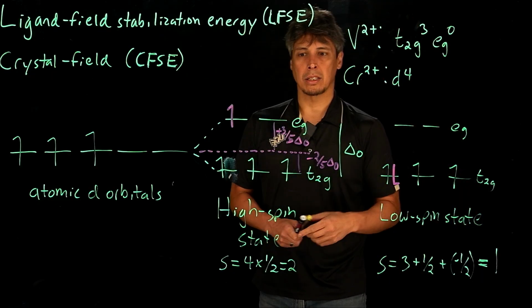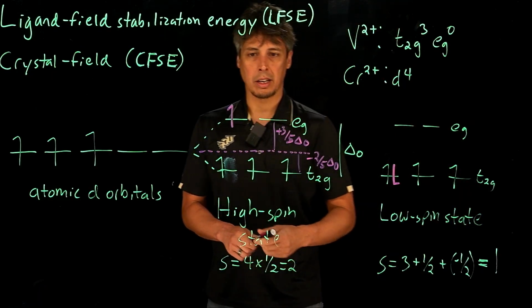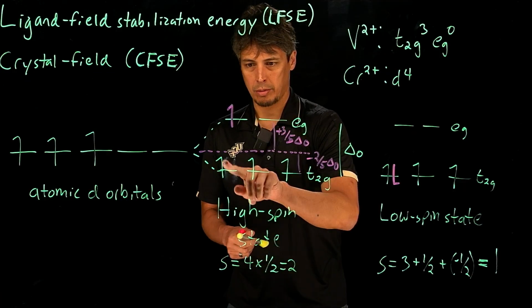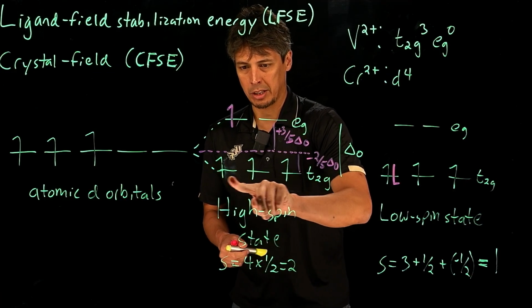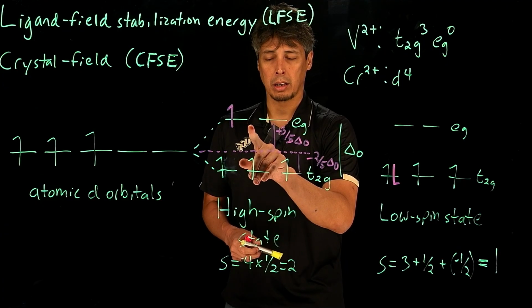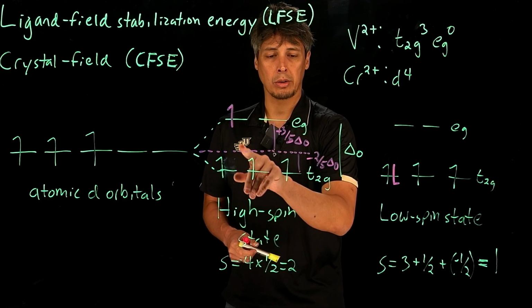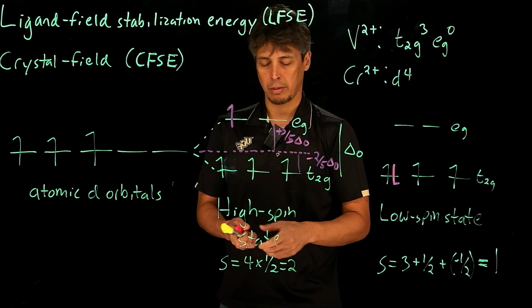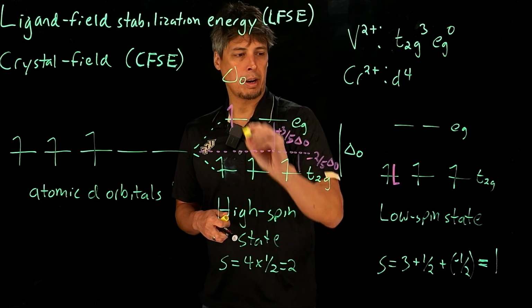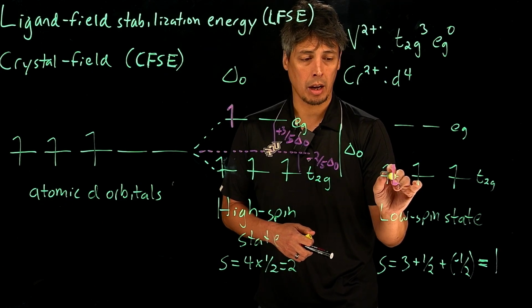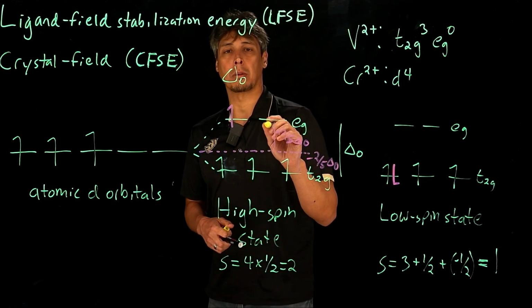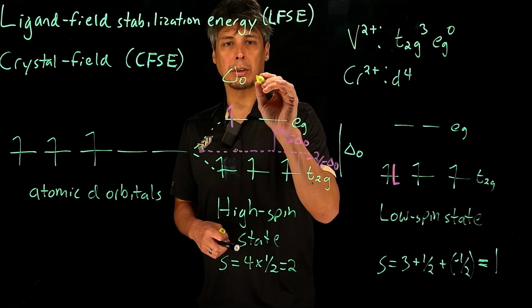Now what dictates this? What we consider is the competition between the increased energy of going from the t2g to the eg state, which is delta O, and the energy of pairing a second electron into an already filled orbital, which we refer to as P, the pairing energy.